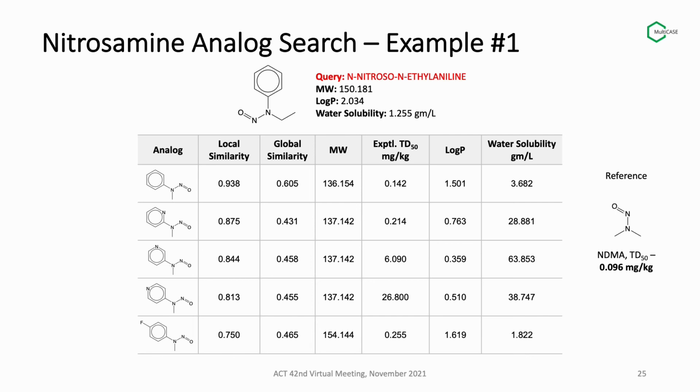On the rightmost side of the slide, I'm showing the TD50 value for NDMA, which is a very potent nitrosamine, just for comparison with the TD50 values that we are seeing here for the analogs. As you can see, we can at least make an assumption that the query nitrosamine would be much less potent as compared to NDMA, whose TD50 value is 0.096 milligrams per kg.